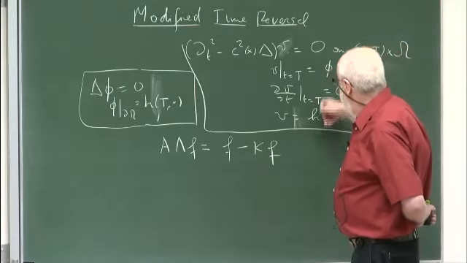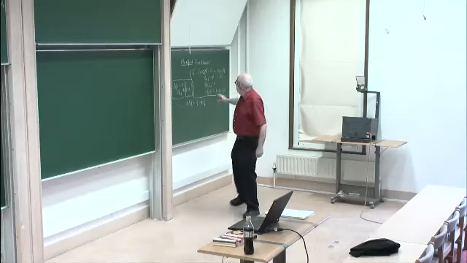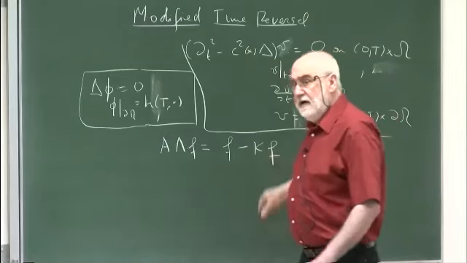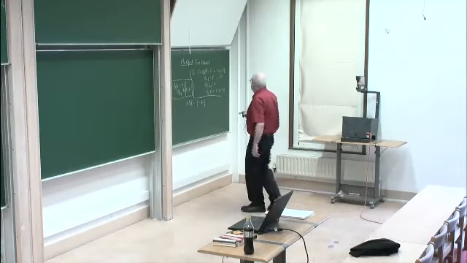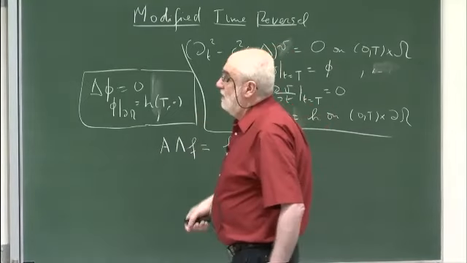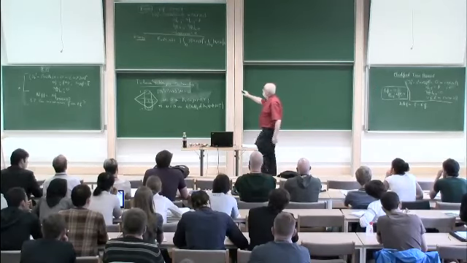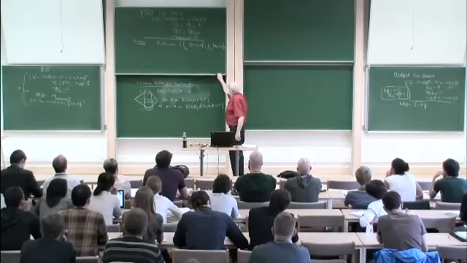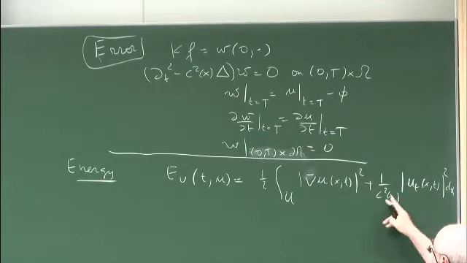And the reason to choose this phi in such a way was in order to minimize energy among all the possible solutions that have the value h at the boundary, because the energy is given by this, and this is 0.